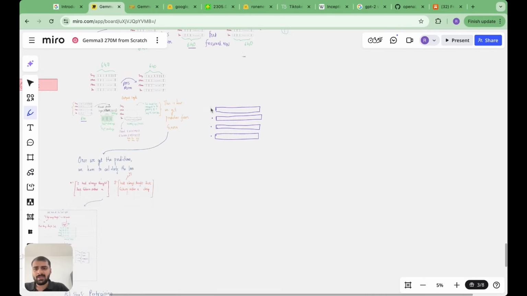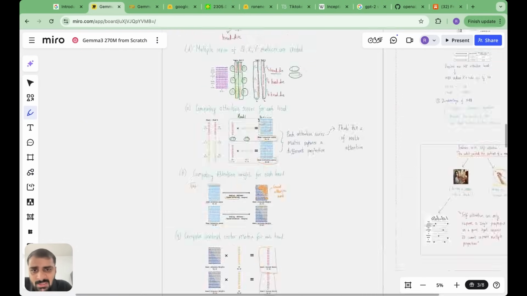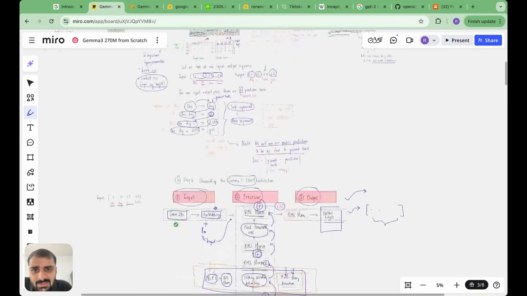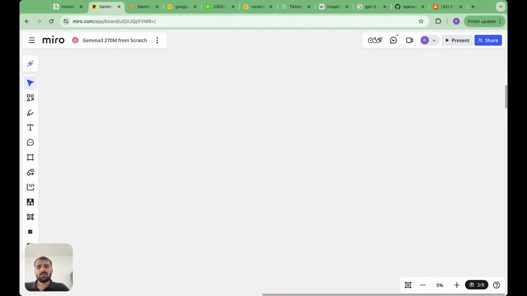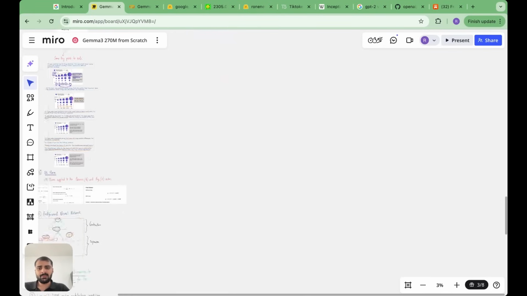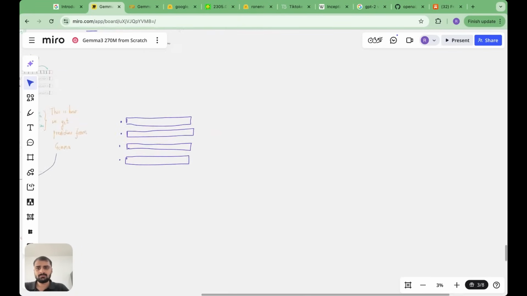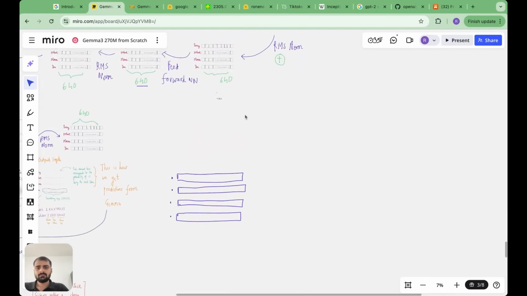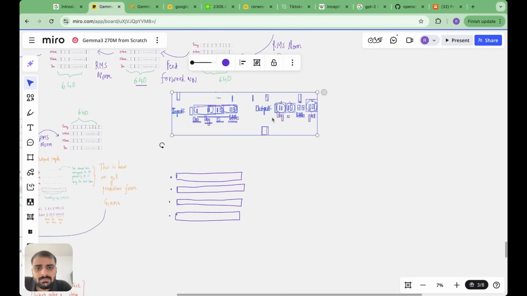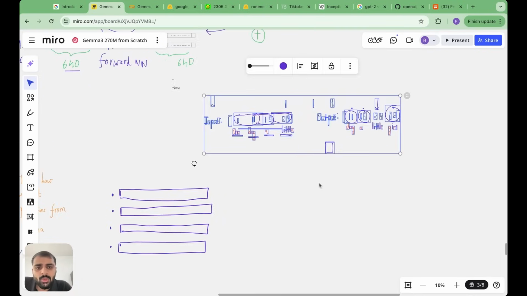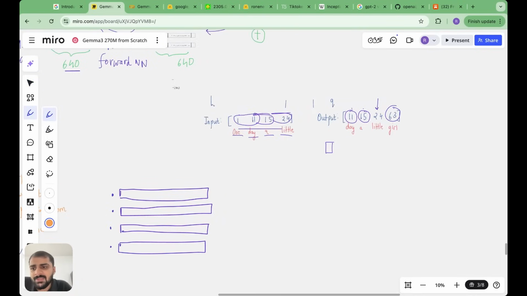So again, let's go back to the example which we started with in this lecture. We had this input output pair, right? Let me bring it over here.